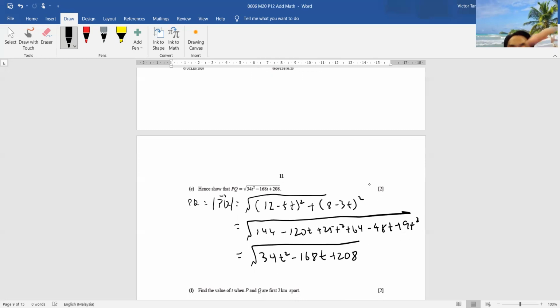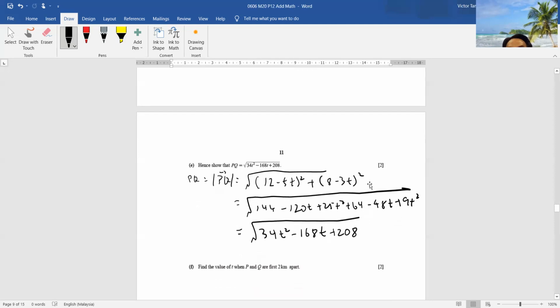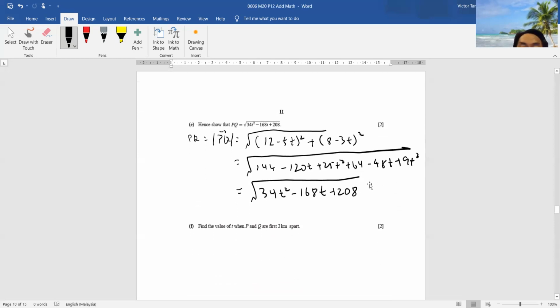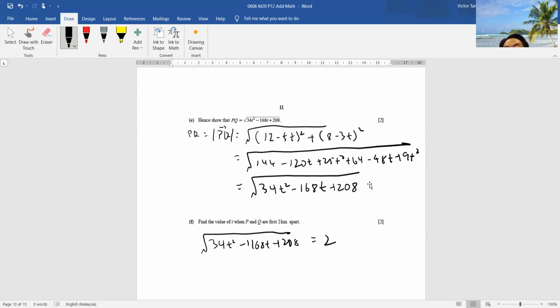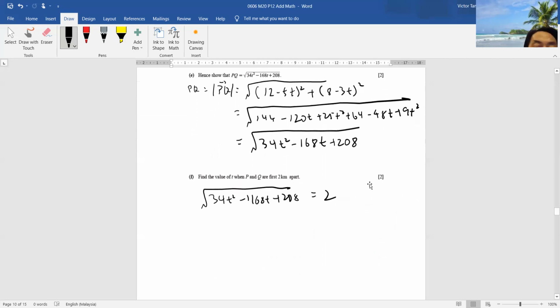There you have it. Find the value of t when P and Q are first 2 kilometers apart. So you have the square root of 34t squared minus 168t plus 208 equals 2. Squaring both sides, you get 34t squared minus 168t plus 208 equals 4.